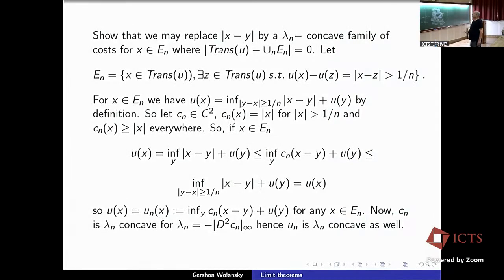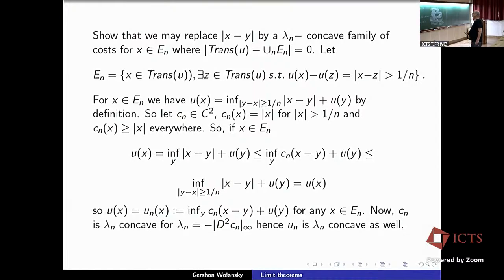So this will be C_n, and it's strictly convex. So we know that u is the infimum over all y of |x minus y| plus u(y). Of course, it's smaller or equal to the infimum if you replace |x minus y| by C_n, because C_n is bigger than |x minus y|. That's what we construct.